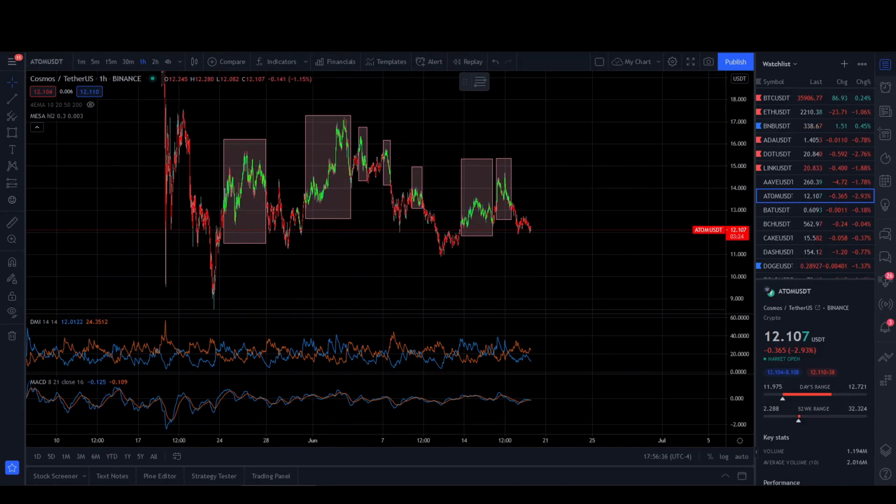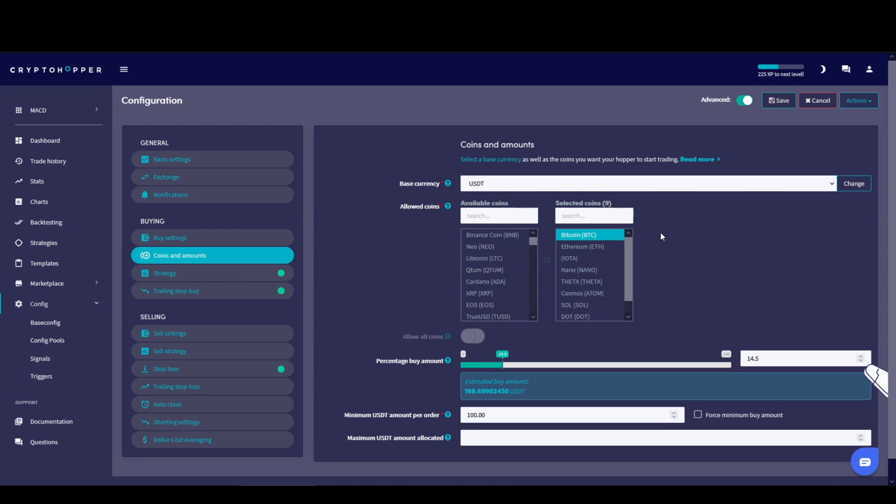So let me show you the coins I currently have that I tested and that I know are working. I'm on Binance, so all those coins will be available to you on Binance. If not, try to find the ones that you have. And having 15, 20 or 30 different coins won't make it any better. It doesn't matter.